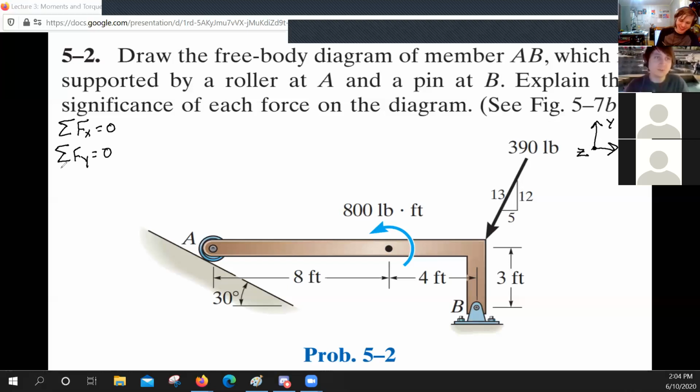Moments. There you go. Moments in z equal 0. All right. So this one we do actually have x, y, and moment z components. So who wants to finish the free body diagram? There's only 3 things that need to be added to it.